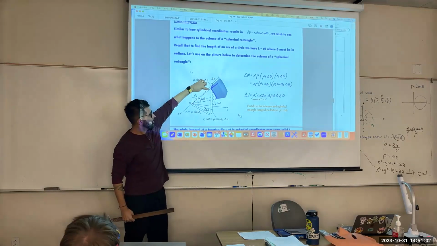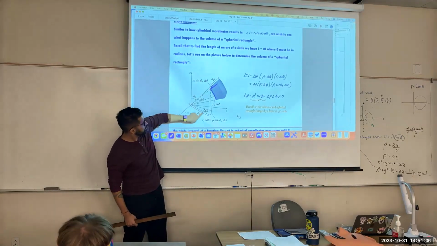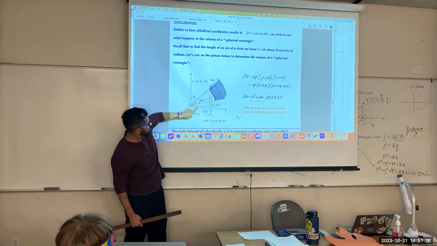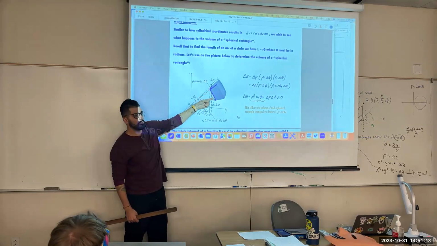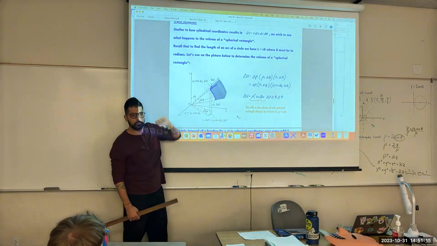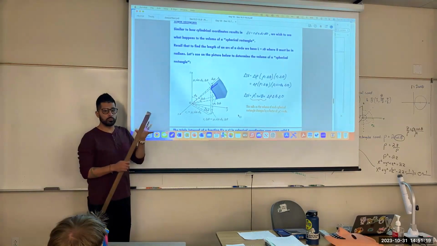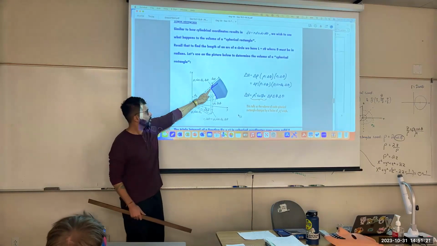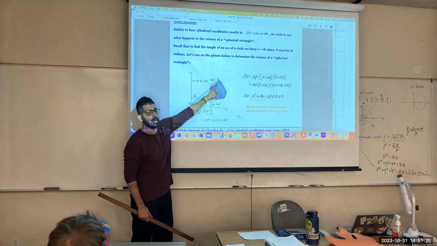Your theta will stay the same within this interval, this is the change in theta, and this is the change in phi. If we want to compute the volume of this small spherical cube, we would do this length times this width times this height.